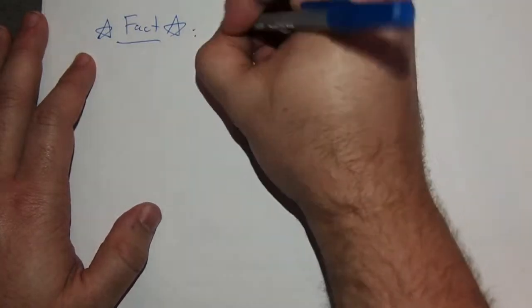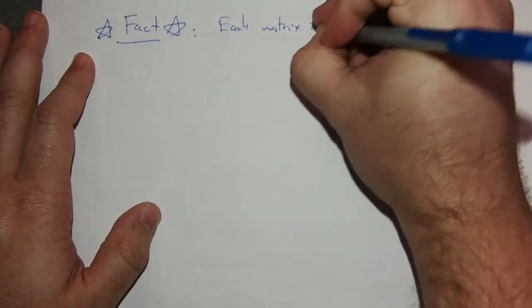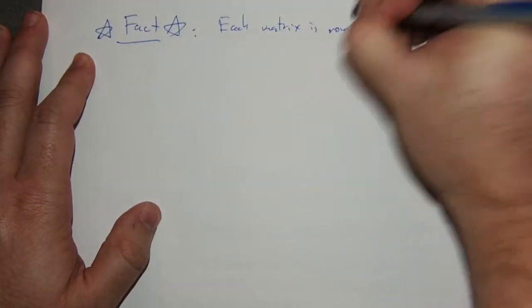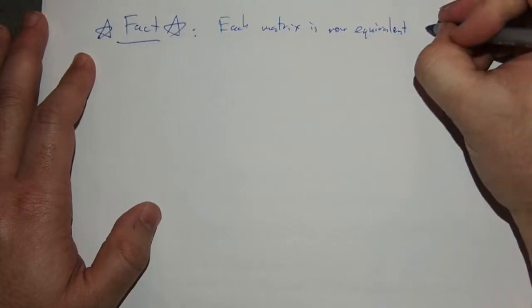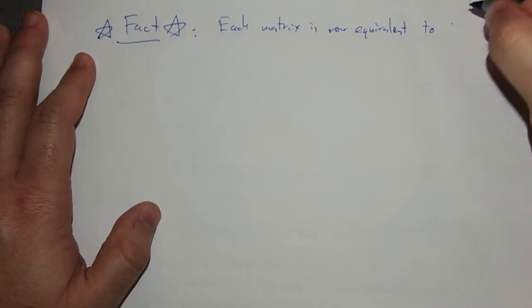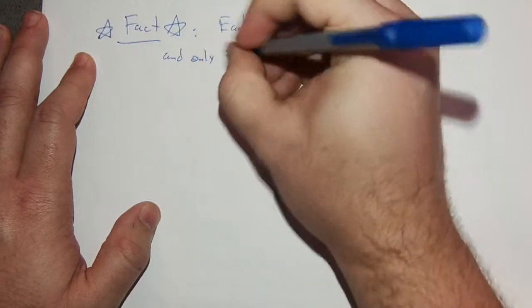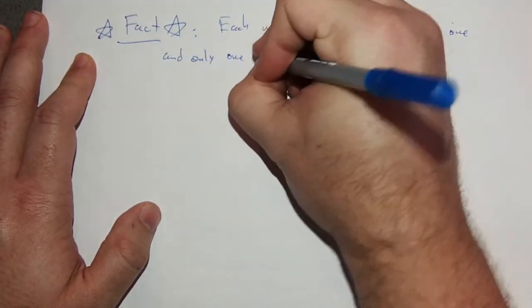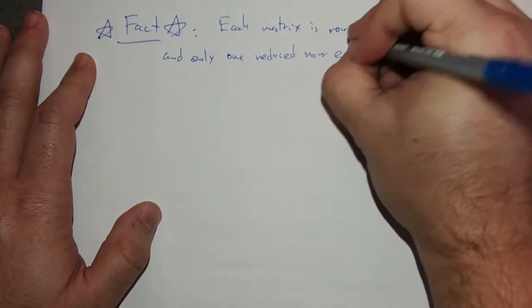Okay. So basically, the most important bit about this entire thing that I just wrote out is the following fact or theorem as it's stated in the book. So each matrix is row equivalent to one and only one reduced row echelon matrix.